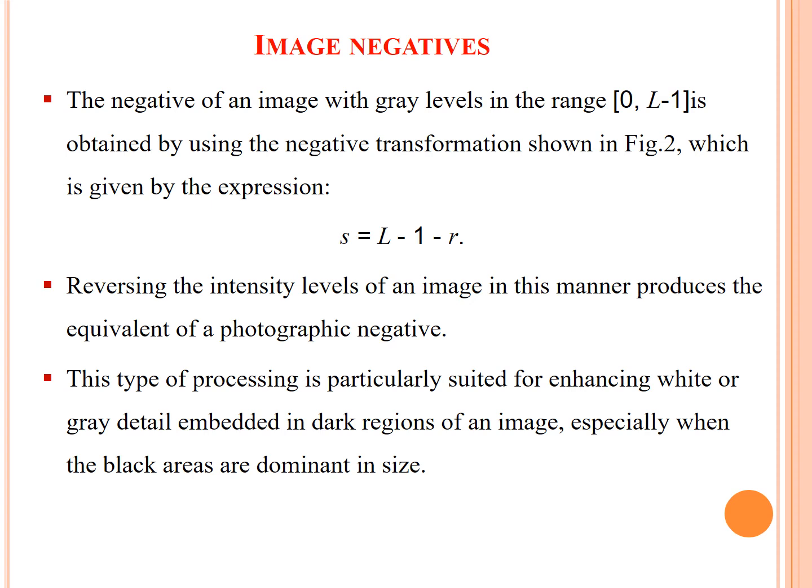Reversing the intensity levels of an image in this manner produces the equivalent of a photographic negative. This type of processing is particularly suited for enhancing white or gray detail embedded in dark regions of an image, especially when the black areas are dominant in size.